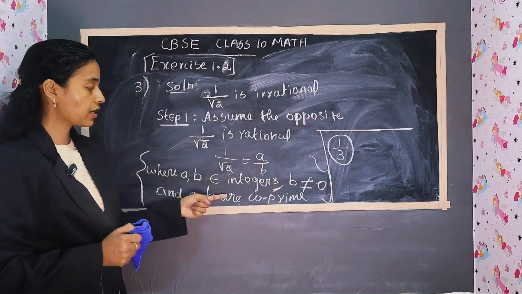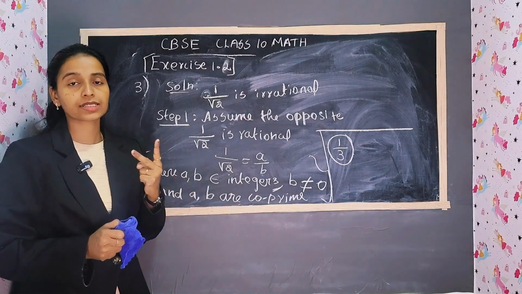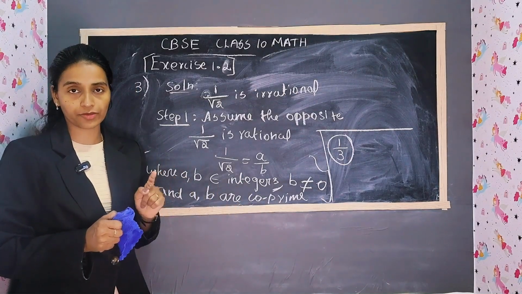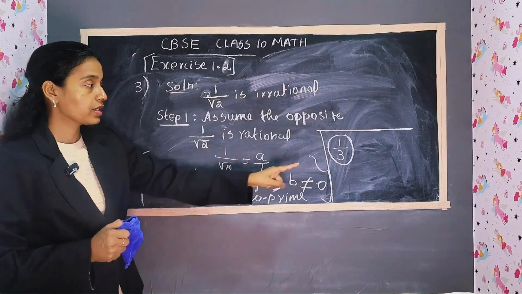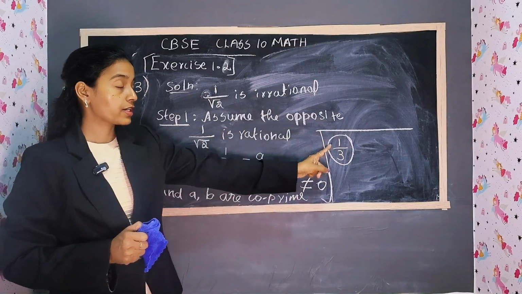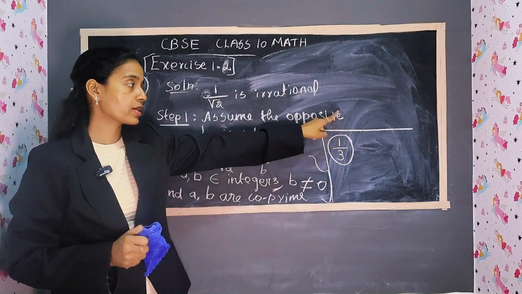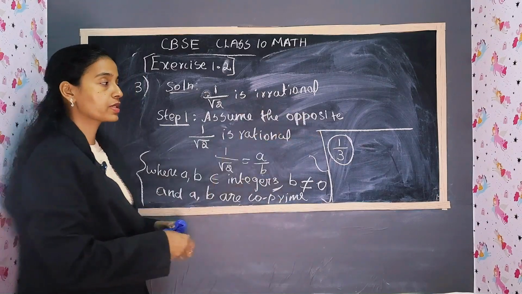And a, b are co-prime. Co-prime means if two numbers have exactly only one as a common factor, then those two numbers are called co-prime. Here, for 1 and 3, we have to find the factors of 1 and the factors of 3. Factors of 1 would be 1.